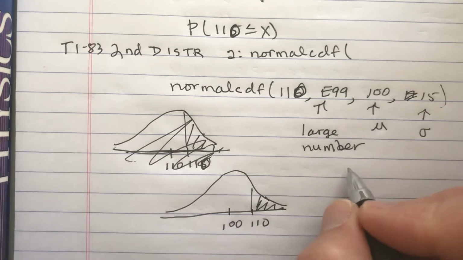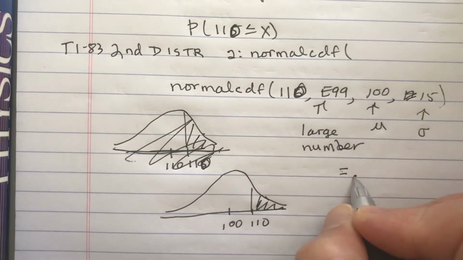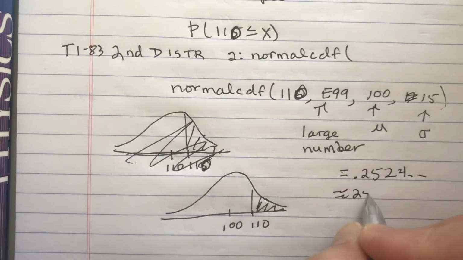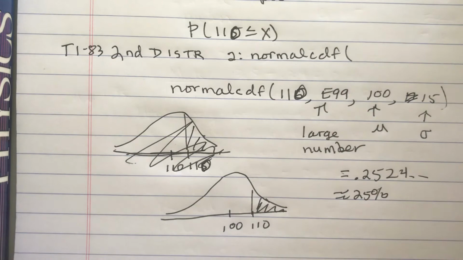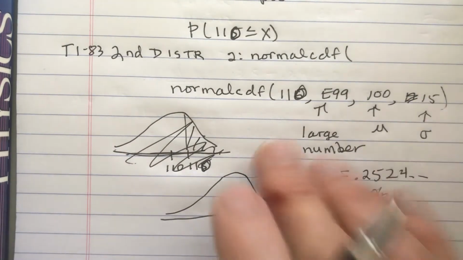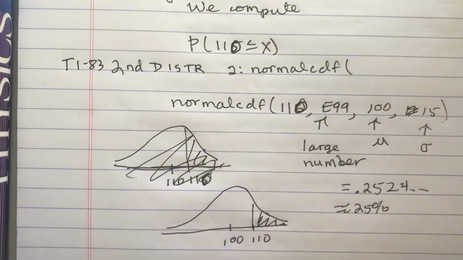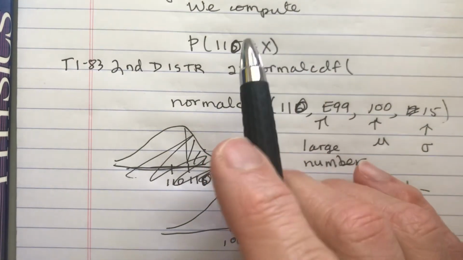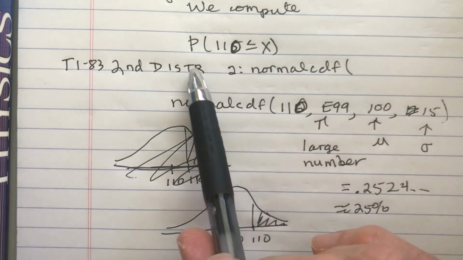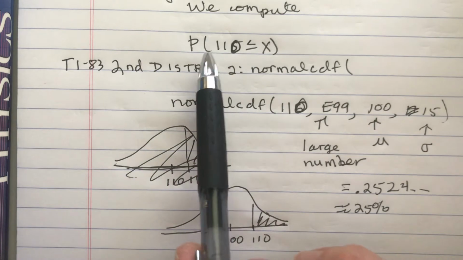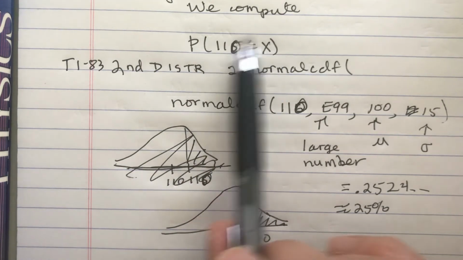So I'm getting that this is equal to 0.2525, etc., which is approximately 25%. I don't really like talking about IQ all the time because I think it's sort of nonsense, but they have these tests, and supposedly you can see how smart someone is. But you could talk about male height or female height and then say, what's the probability that a randomly selected person is greater than a certain height?